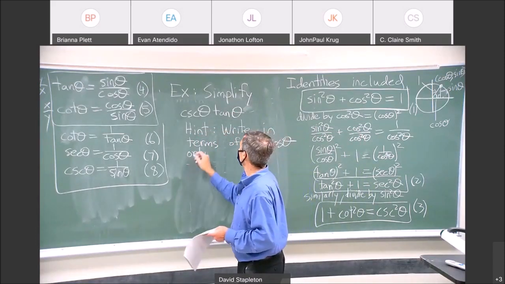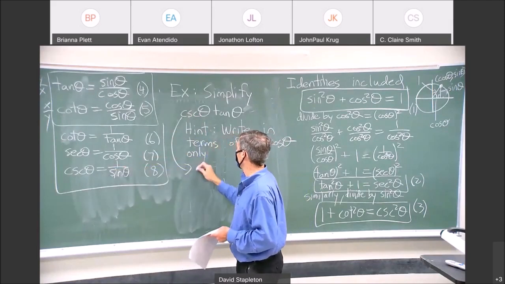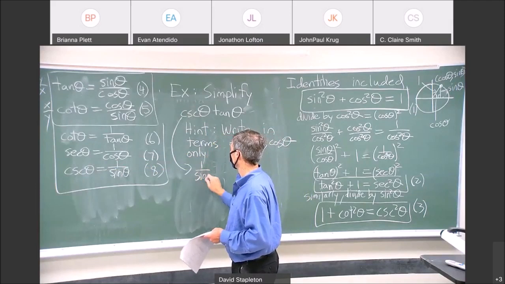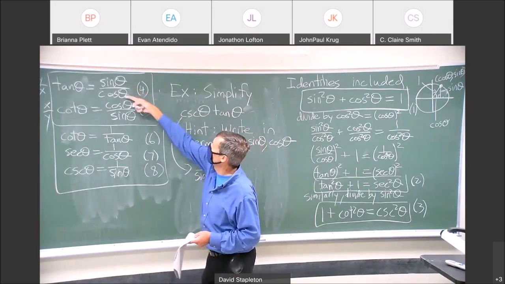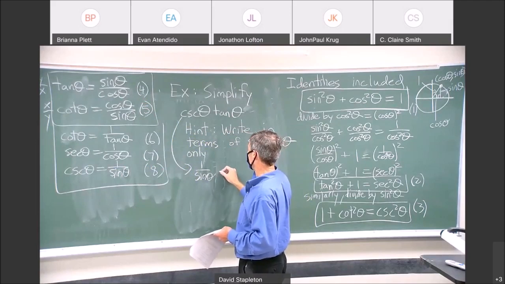We'll say cosecant theta tangent theta. Cosecant is 1 over sine by the reciprocal identity. Tangent theta is sine over cosine by the quotient identity.